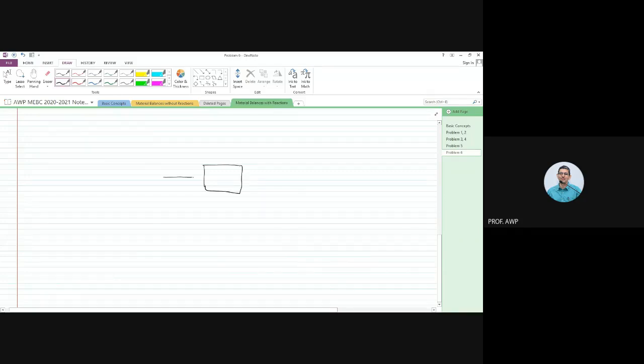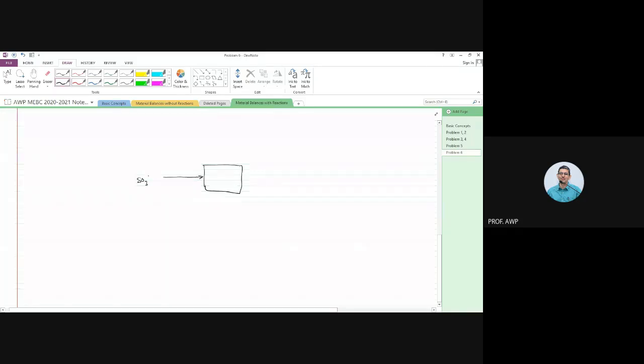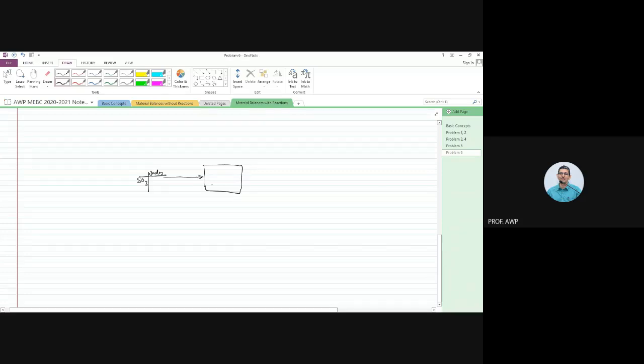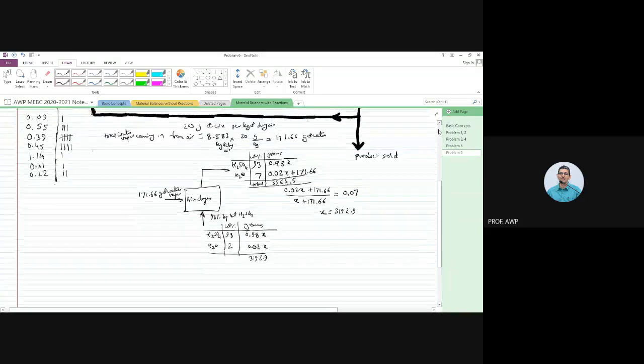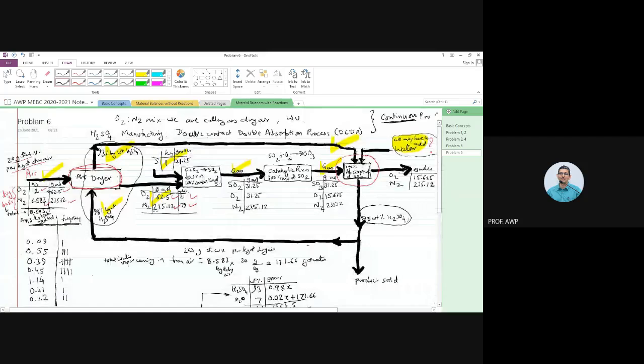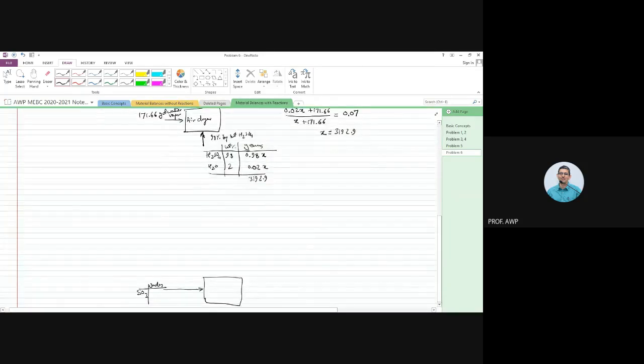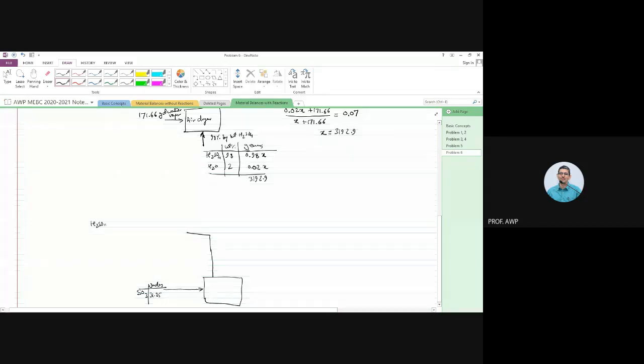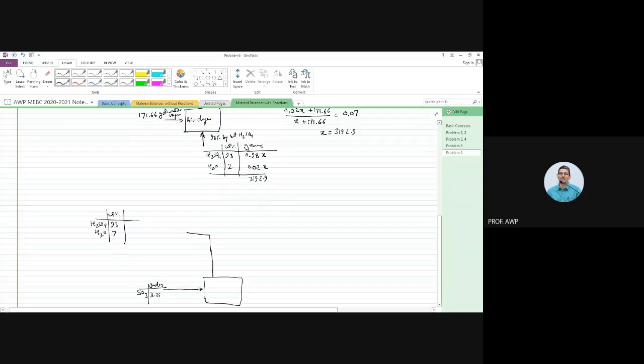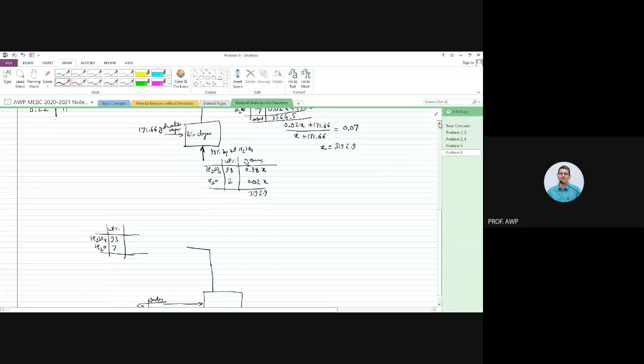O2, N2 I am not writing because anyway they are there, but I don't have to worry about that. SO3 is 31.25. H2SO4 is there. Water stream is there. This is weight percent. It is 93. It is 7. Total is, how much is total? 3364.5 grams. All right.